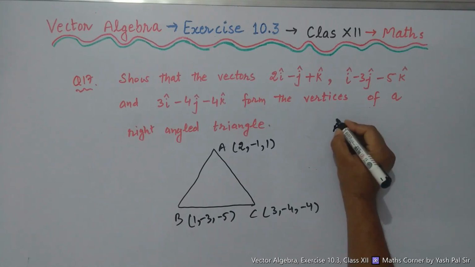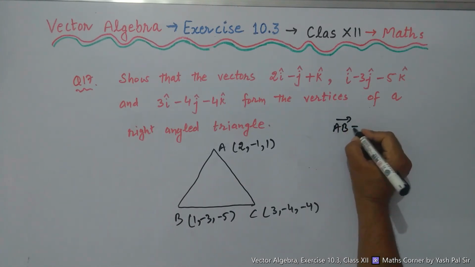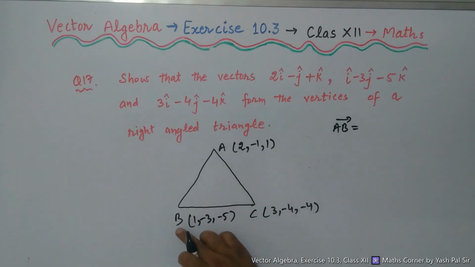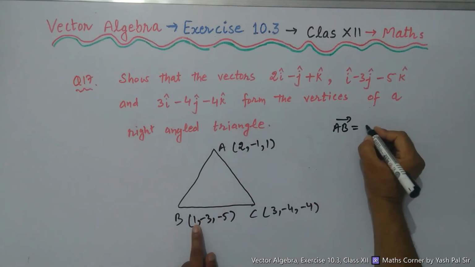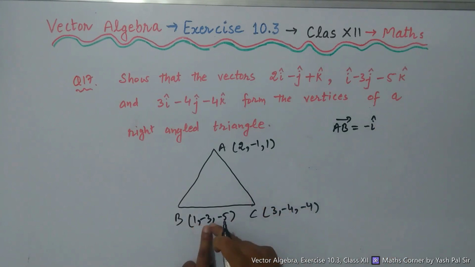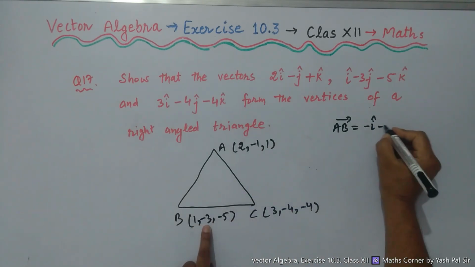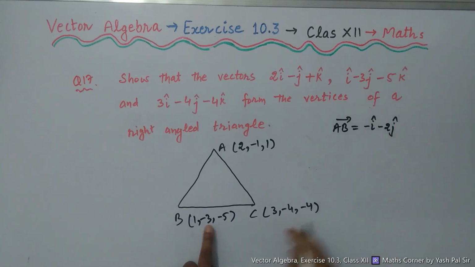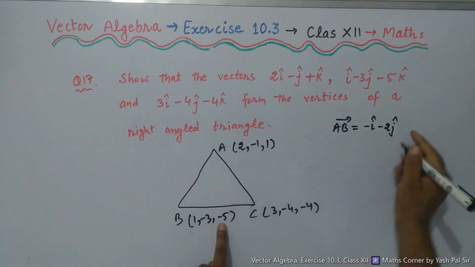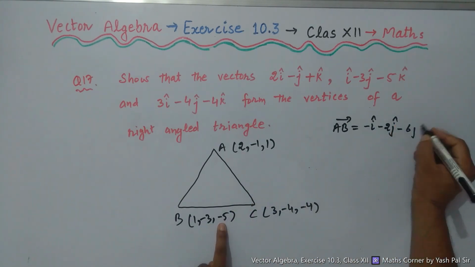What is AB? This is equal to B minus A: (1 minus 2) i, (minus 3 plus 1) j, (minus 5 minus 1) k, which is minus i minus 2j minus 6k.